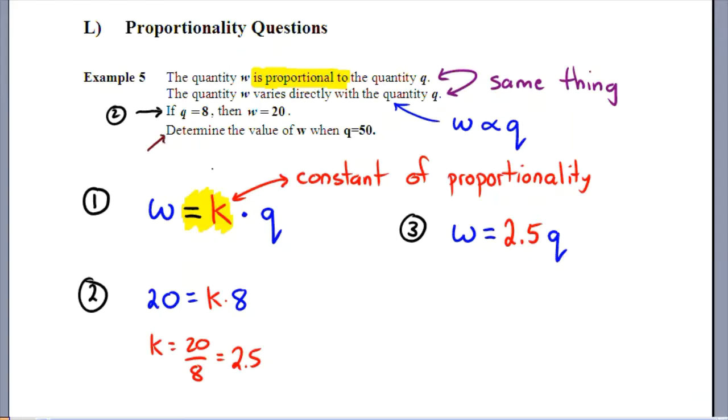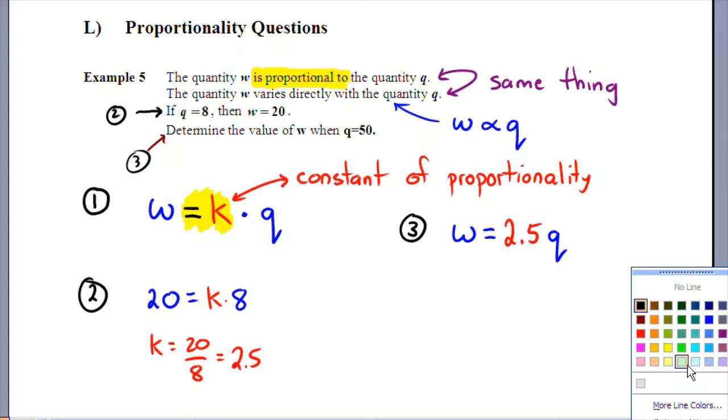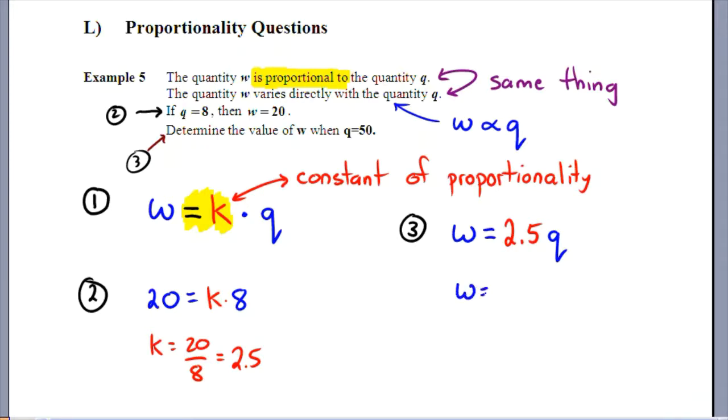They're like, well, can you go and figure out what's going on for W when Q is 50? Sure, super easy. W would be nothing more than 2.5 times 50. Done. Answer is going to be 125.